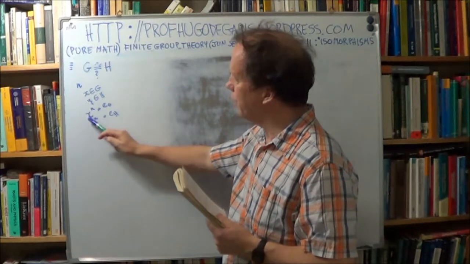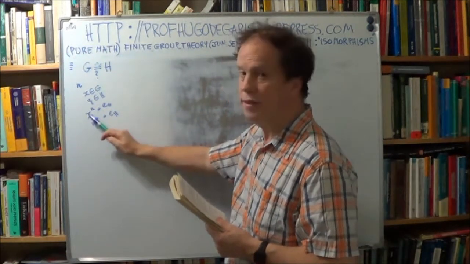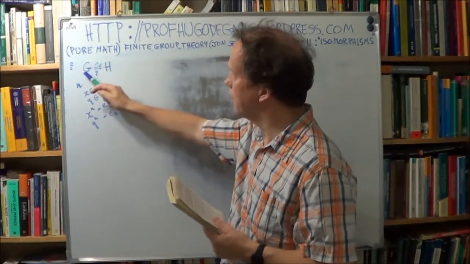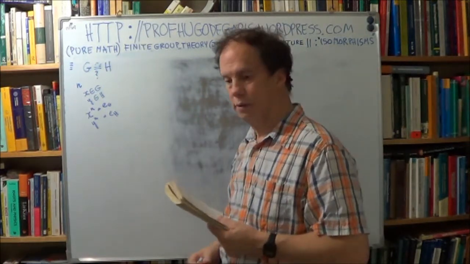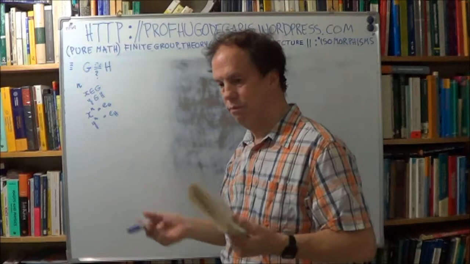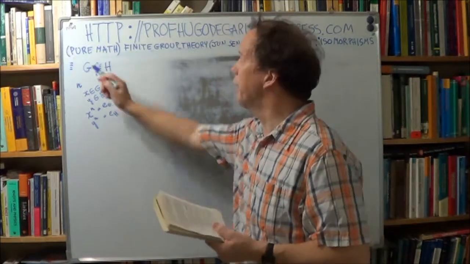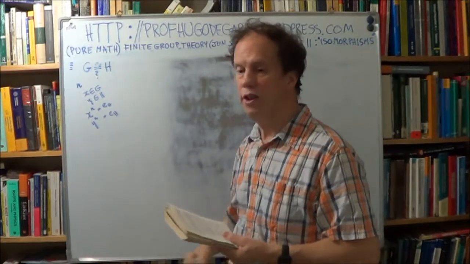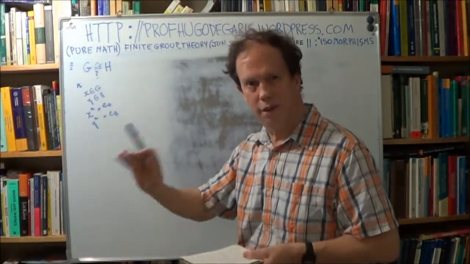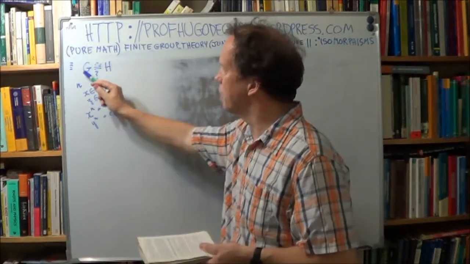So you look at your elements in G, and you check whether that element, whatever it is, has this property. The order of the two groups, say P, whatever. Now they have to be the same, of course. The orders of both have to be the same. If they're not, then you know immediately they're not isomorphic. So they'll be the same.